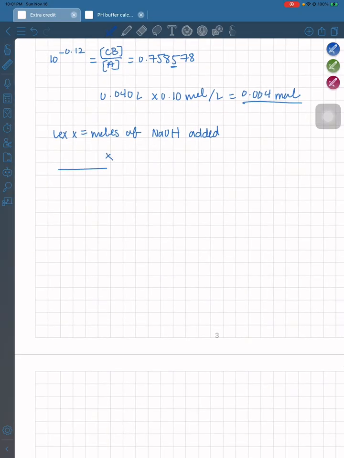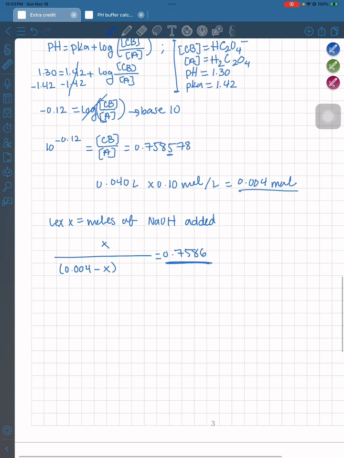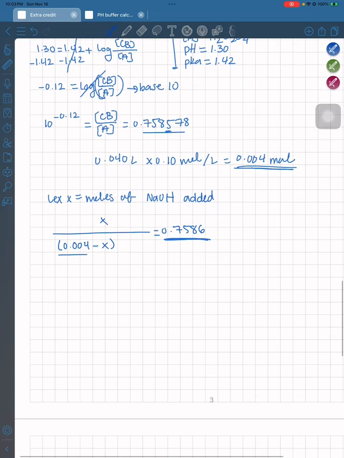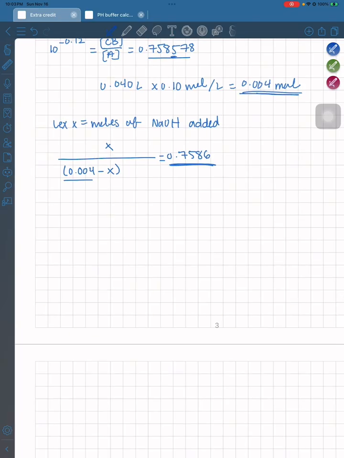I'm going to have X divided by 0.004 minus X equals 0.7586. This is the ratio that we just calculated up here, and it also comes from the value over here. So we just go ahead and solve this. We get X is equal to 0.7586 times 0.004 minus X.